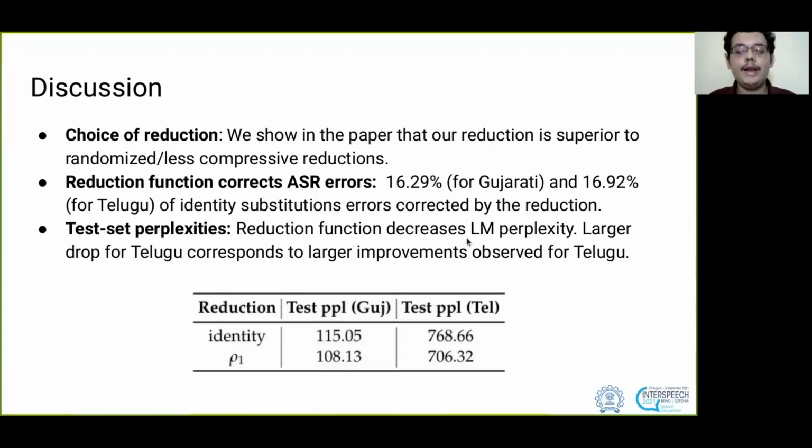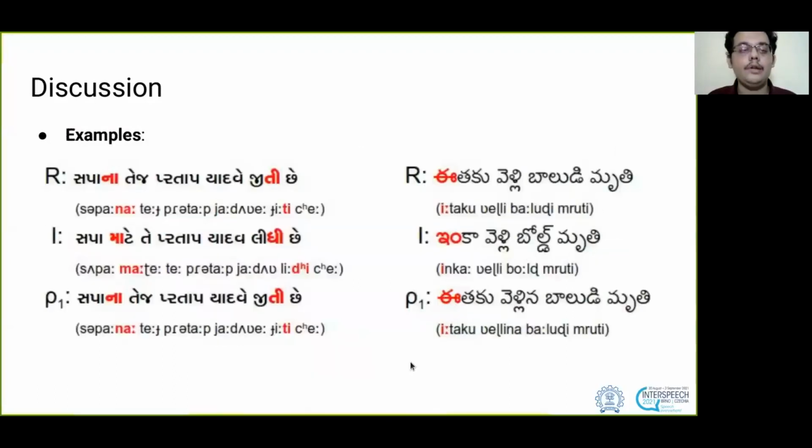So if you train an LM on the reduced text, then the perplexity on the reduced test set is less, which shows that the ambiguity decreases. And a larger drop for Telugu corresponds to larger improvements observed for Telugu in the speech recognition experiments we saw earlier.